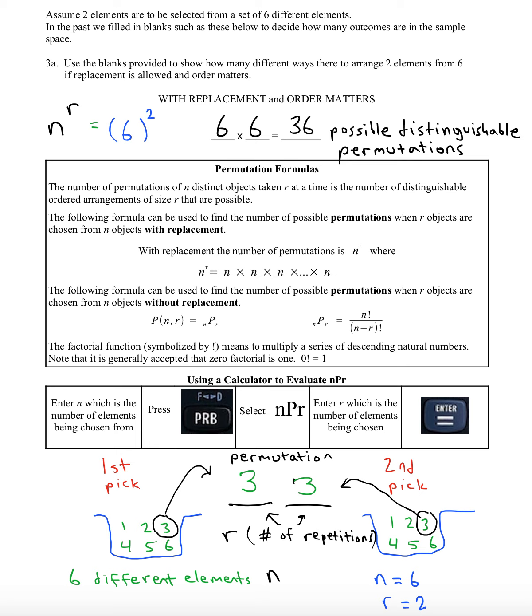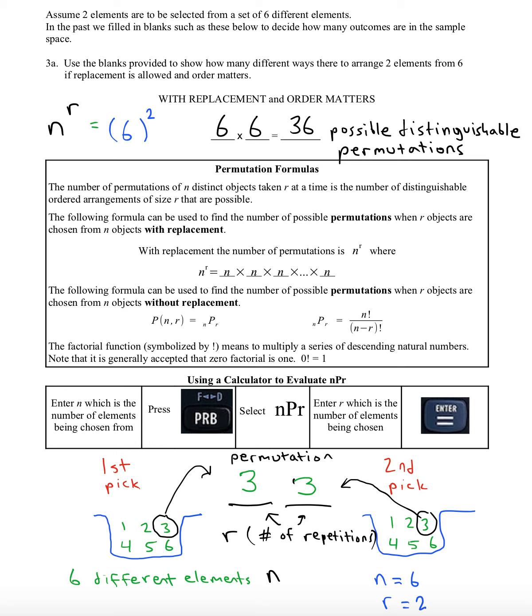But the formula for permutations without replacement is quite a bit more complicated. We still use the letters n and r, but we use a new mathematical idea too, called a factorial. That's an exclamation mark.